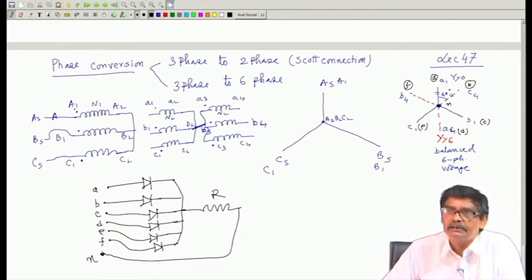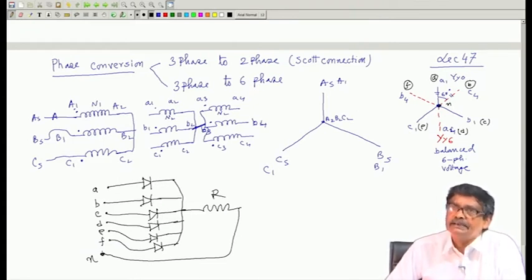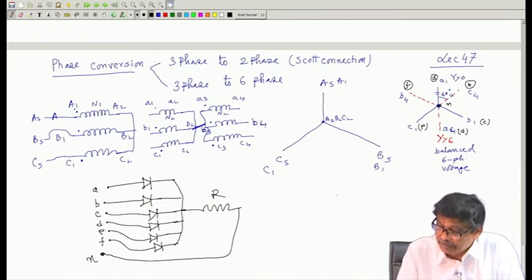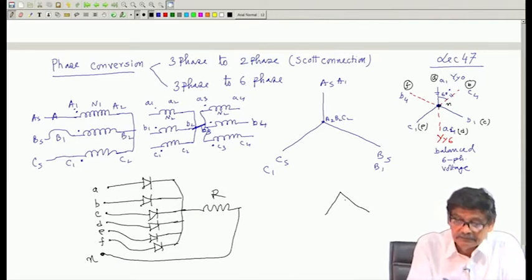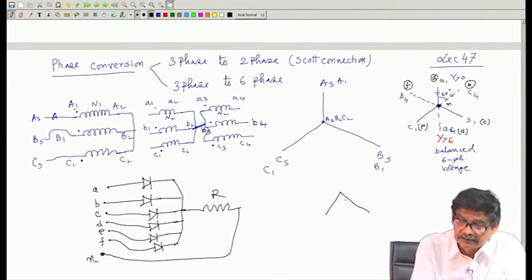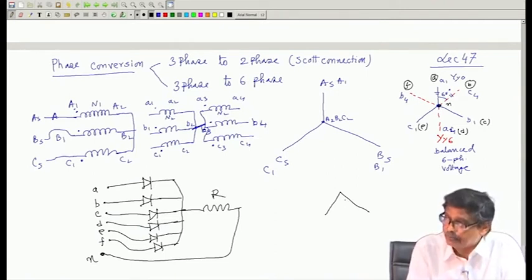Can I do it by using some delta connection? Yes, connect one group as DD0, another as DD6. I will not do that, but I will tell you the end results. One group, you connect in delta DD0 and DD6, this group.